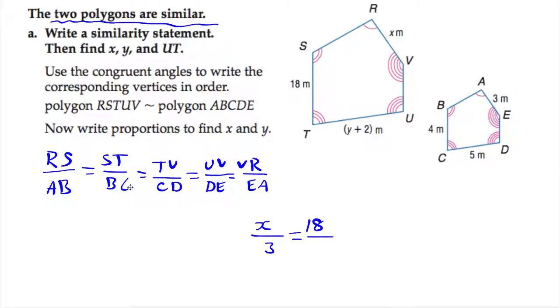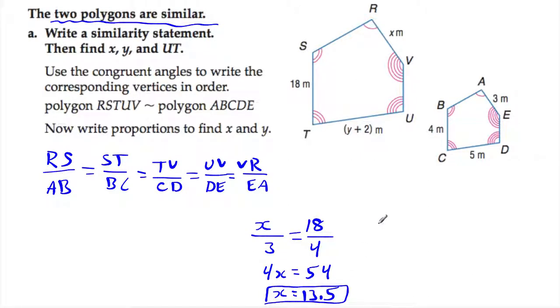That's going to be proportional to BC, which is 4. Well, we can solve this now. So we have ourselves a nice little proportion to set up. So we get 4x is equal to 3 times 18, and 3 times 18 is 54. And 54 divided by 4 is 13.5. So x is equal to 13.5.